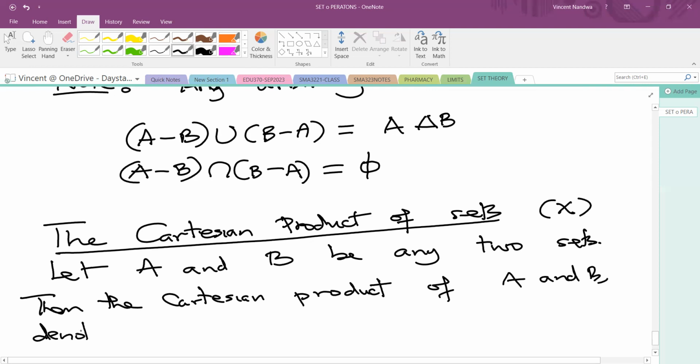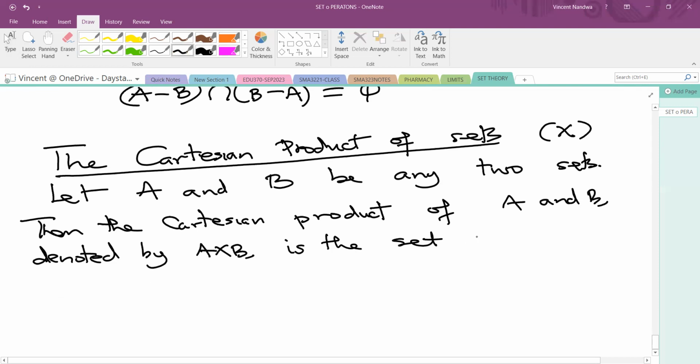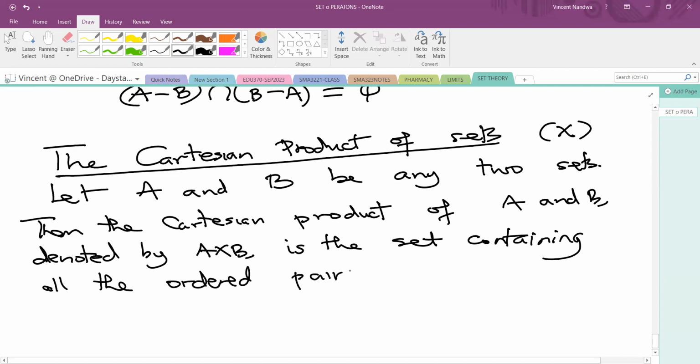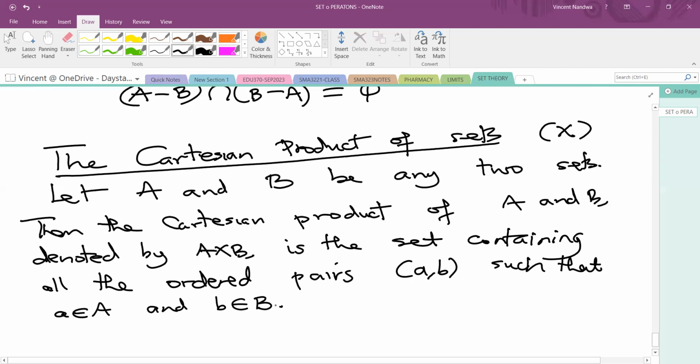denoted by A × B is a set containing all the ordered pairs such that the first element is from the first set and the second element is from the second set.